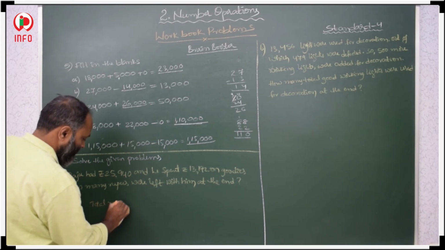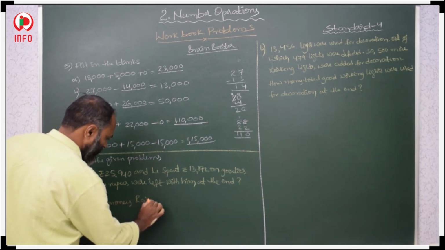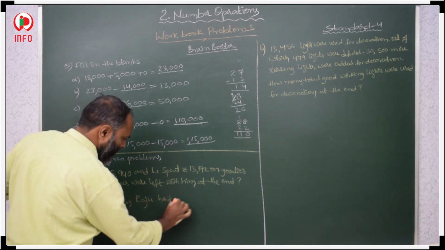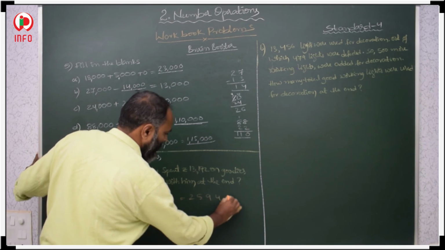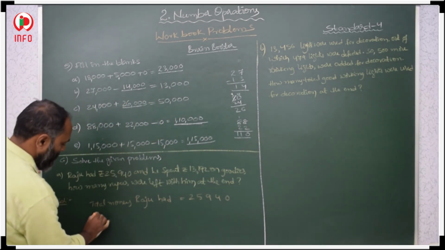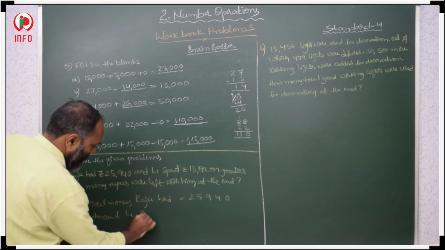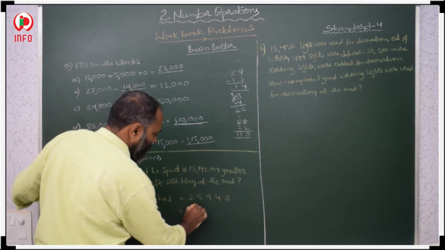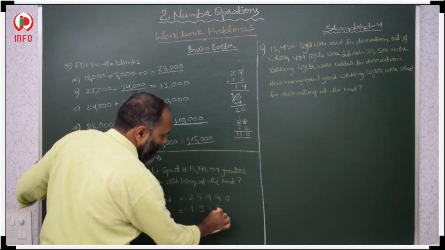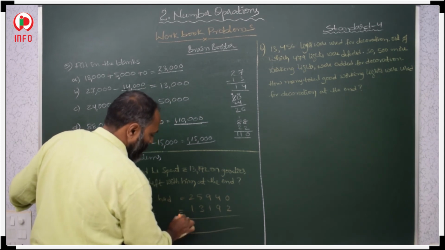Total money Raju had: 25,940. Amount he spent: 13,192. Then he is asking how much is left.